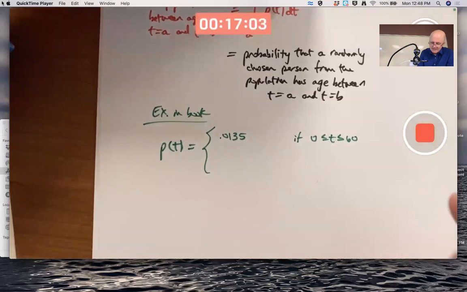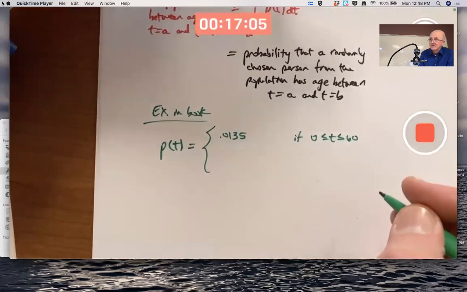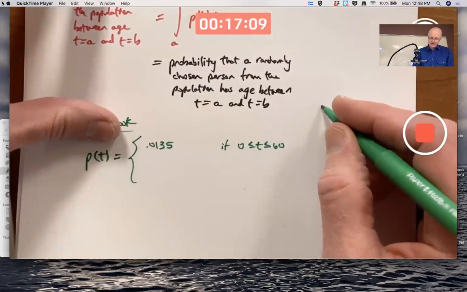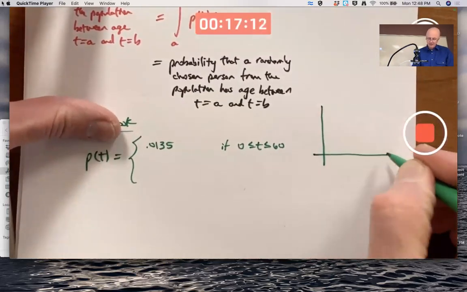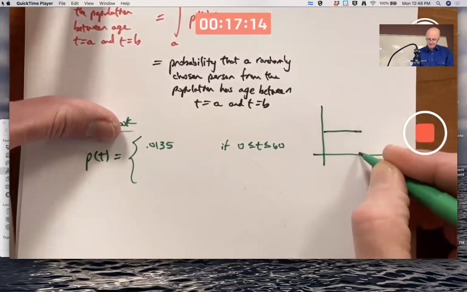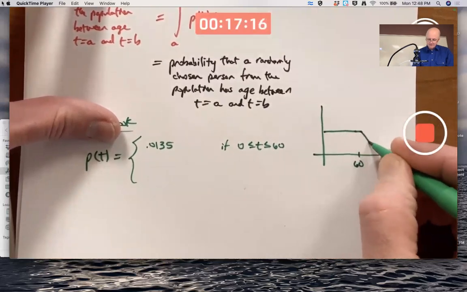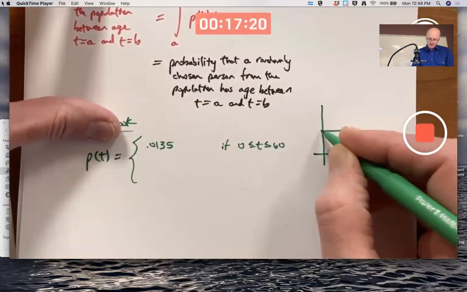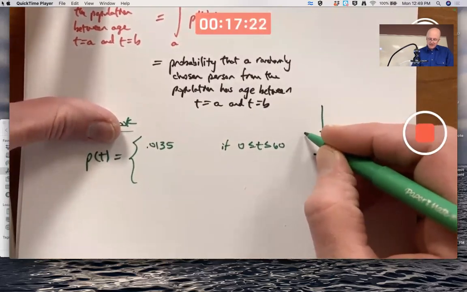But what goes here when t is bigger than 60? That's not so clear. Let's draw the PDF over here. We need the area under the entire PDF to equal 1.